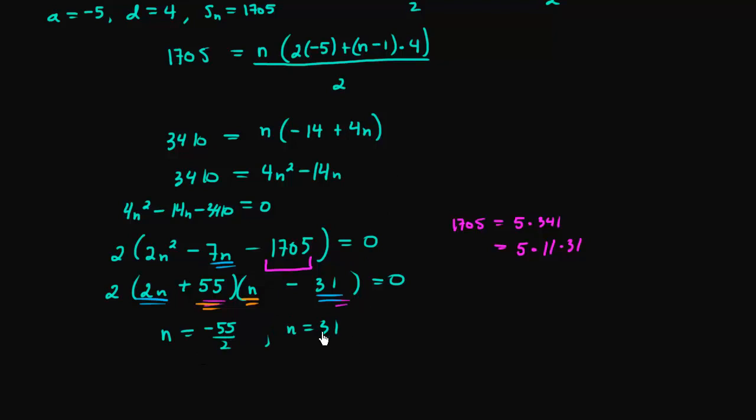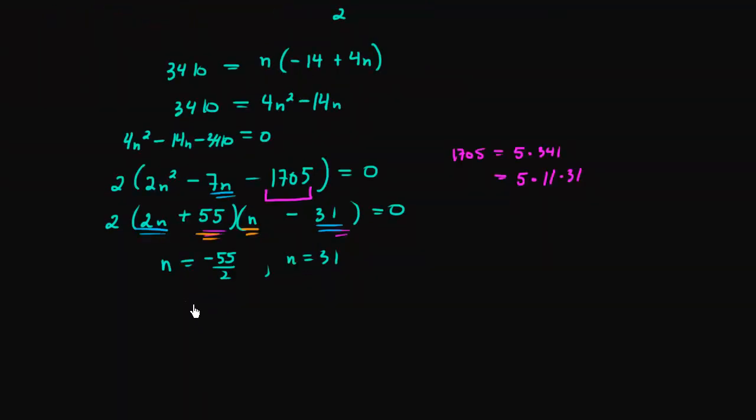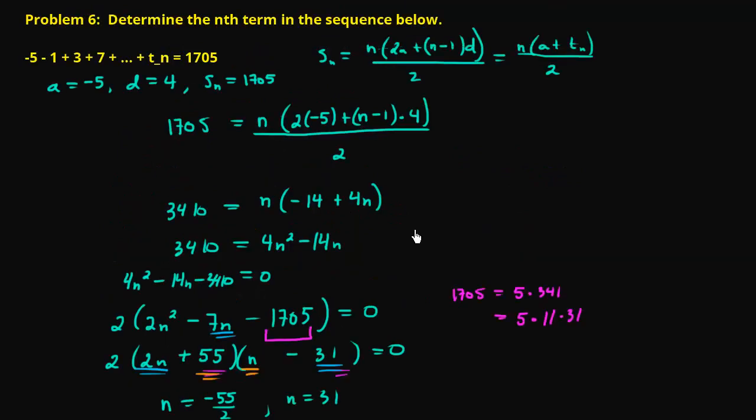So the only possibility is that n is equal to 31. Therefore, there are 31 terms in the sum, or in the series, I guess we could say.